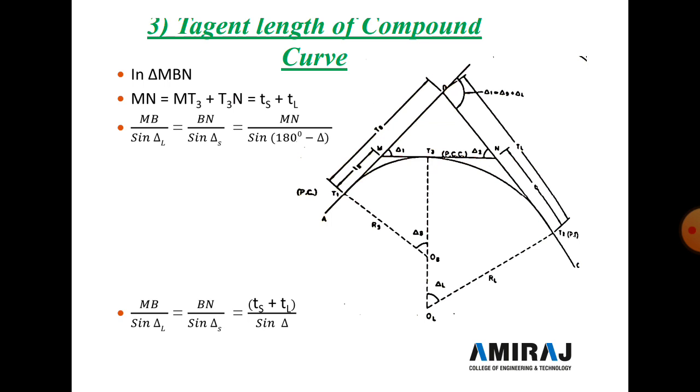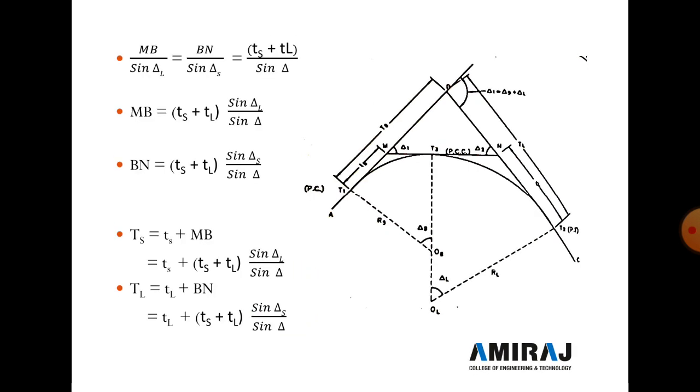Now MB divided by sine delta L is equal to BN divided by sine delta S, is equal to ts plus tl, which is the value of MN, divided by sine delta. Now we find the value of MB: MB is equal to (ts plus tl) sine delta L divided by sine delta.